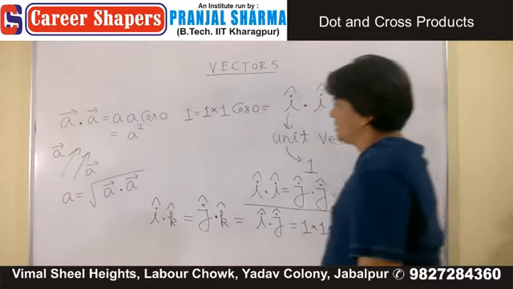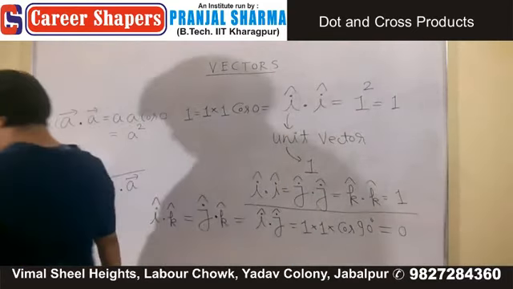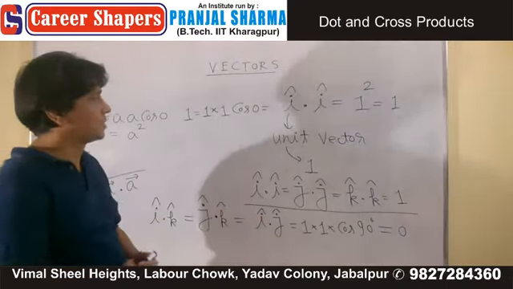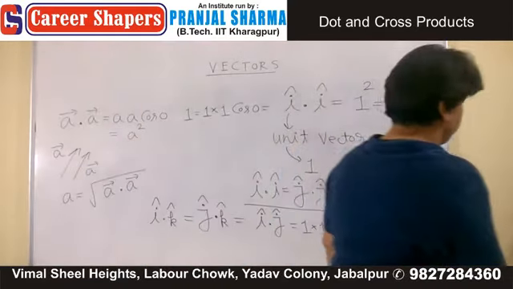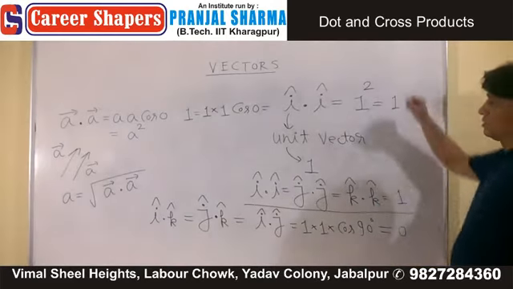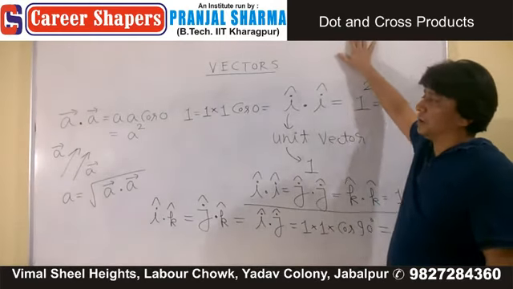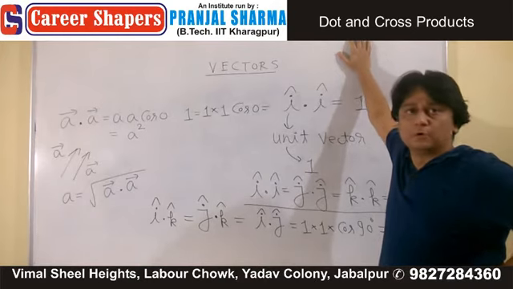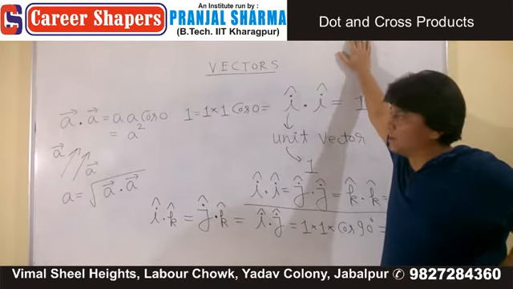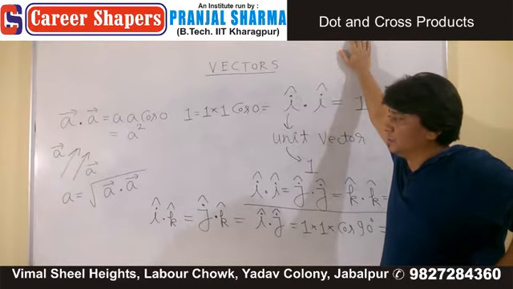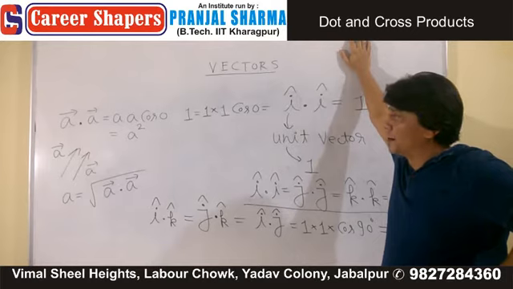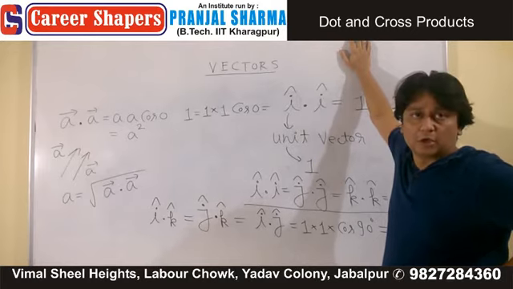Write down the statement. Dot product of any two mutually perpendicular vectors is always 0.